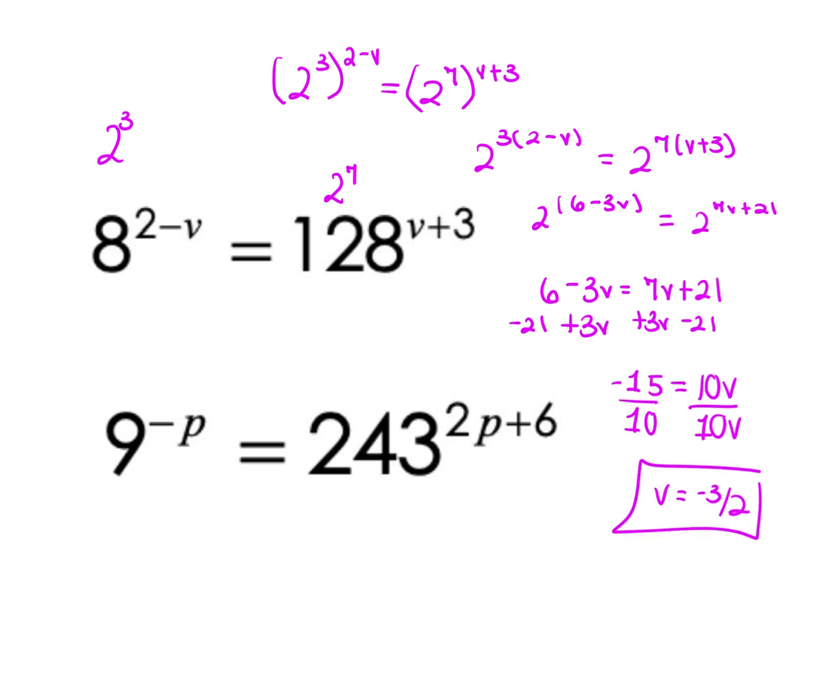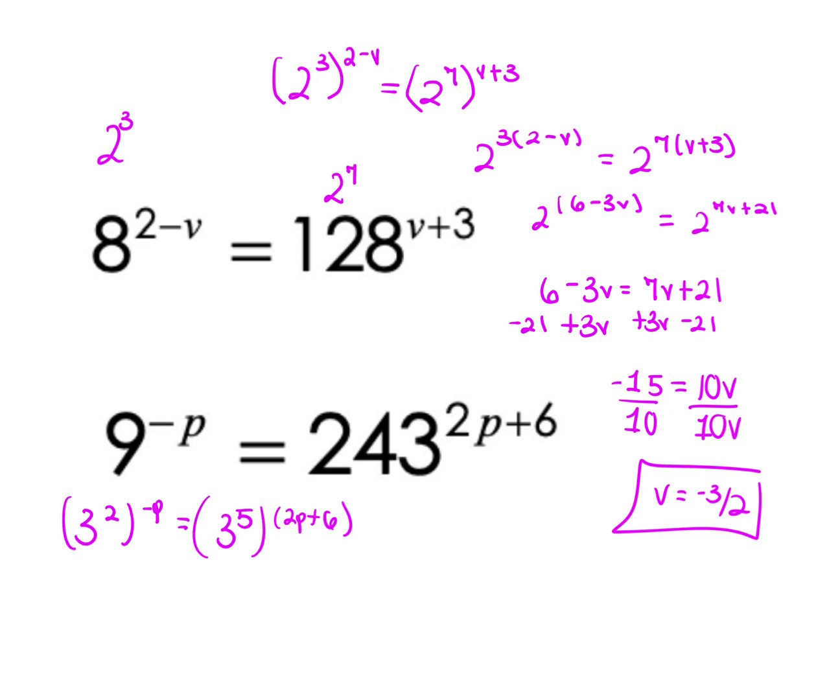Here we have 9 to the negative p equals 243 to the 2p plus 6. So 9 is the same as 3 to the 2nd to the negative p equals 3 to the 5th to the 2p plus 6.